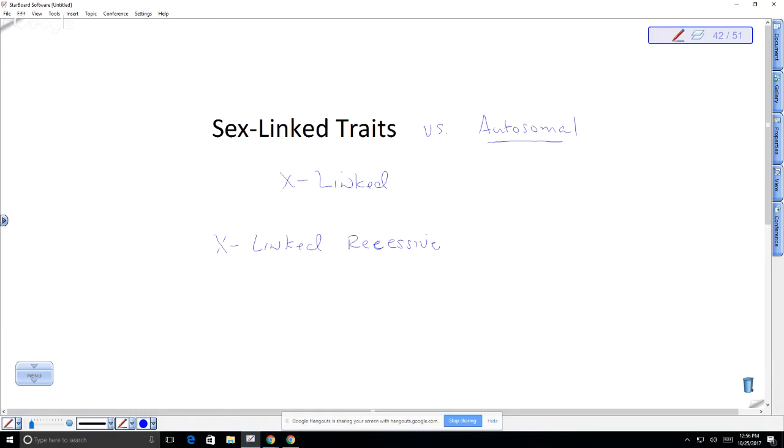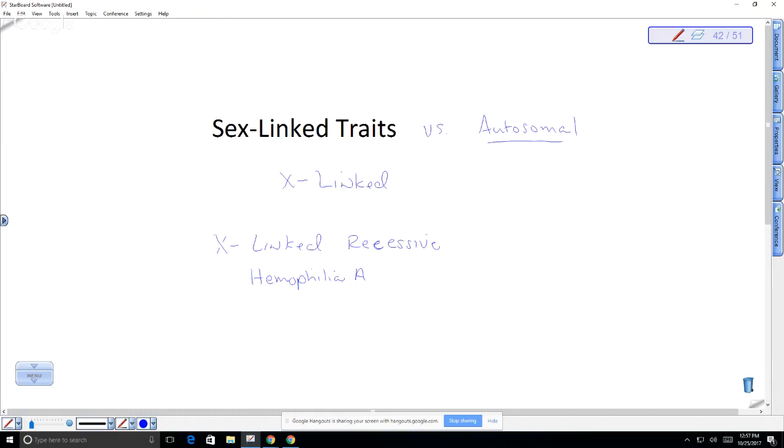Okay. Now, a good example of this is a gene that causes hemophilia. So specifically, hemophilia A. And hemophilia means blood-loving. And so this is where the blood does not clot properly and people bleed because of it. Okay.